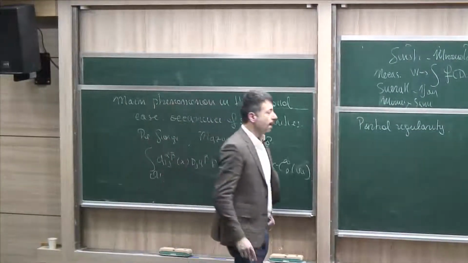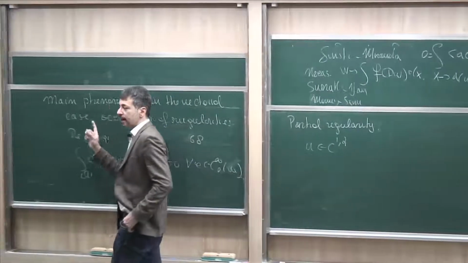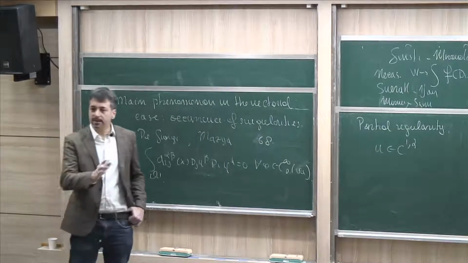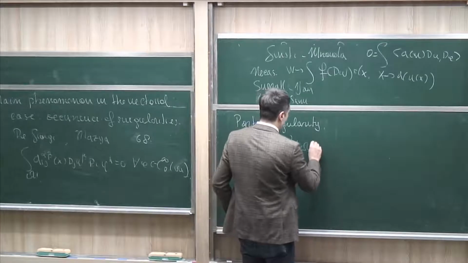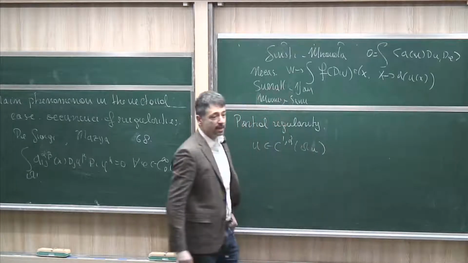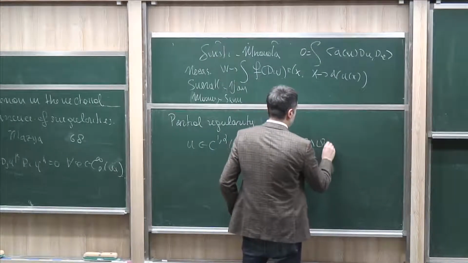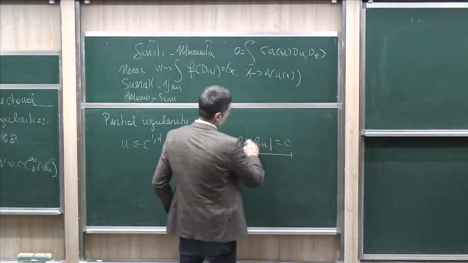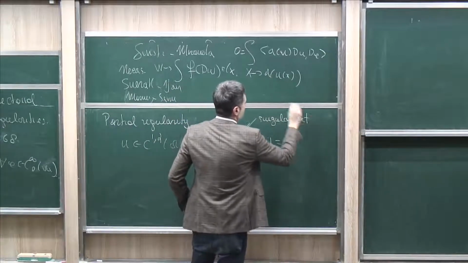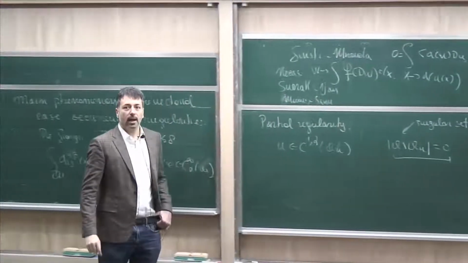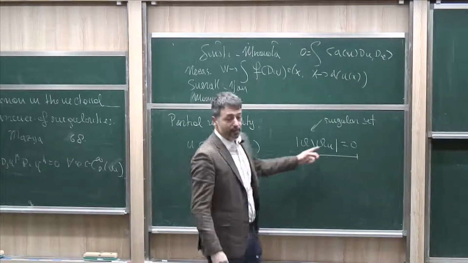Therefore you want to say that u is, for instance, C^{1,alpha} under the assumptions I wrote at the blackboard before, but not on the whole set, because this is not possible, but on a regular set that depends on the solution itself, such that what remains after dropping out the regular set is a so-called singular set, such that the measure is 0.